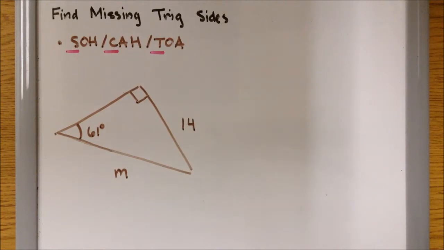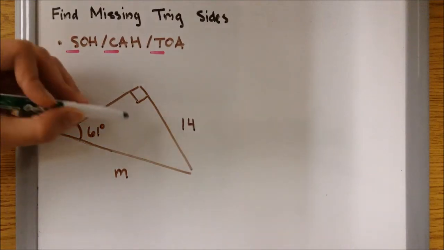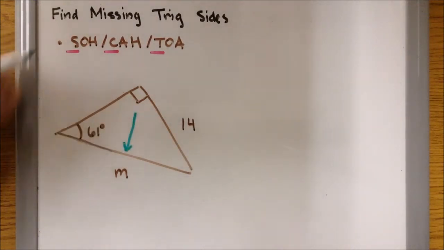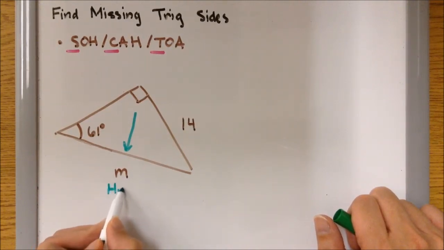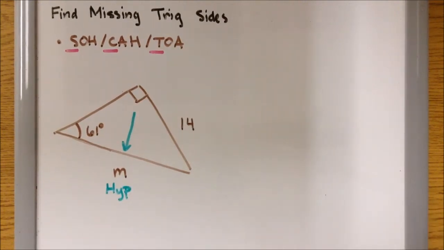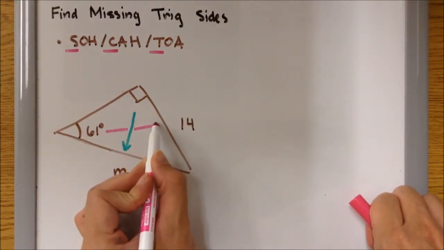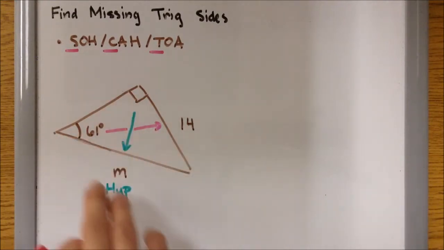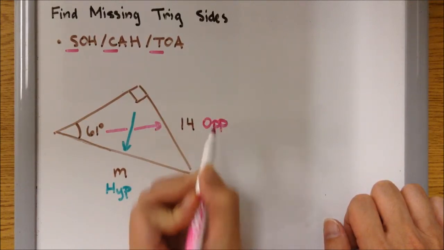So we're going to start off with the right angle. What's across is the side, which is known as the hypotenuse. And then looking at the 61 degrees, if we were to compare it with the side 14, this side is across 61 degrees, so that means 14 is the opposite side.